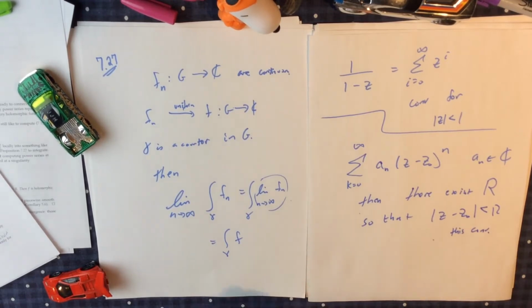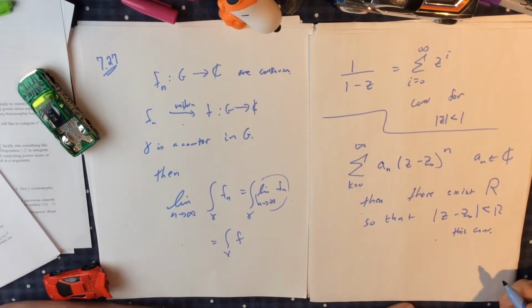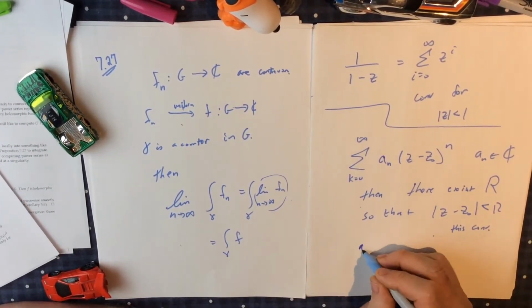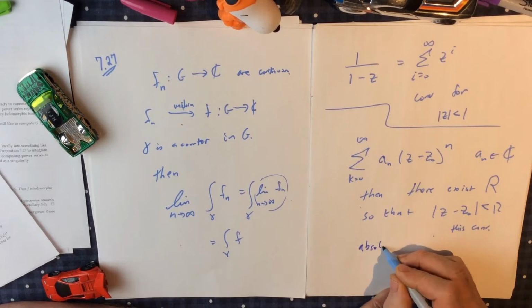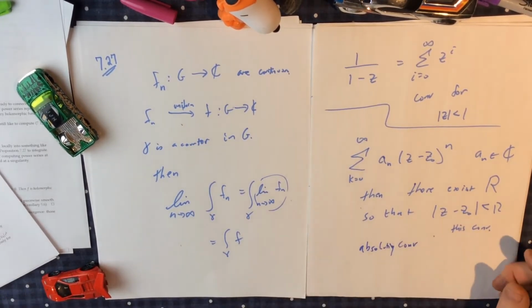And so now, not only does this converge on some radius, it absolutely converges, which means we can throw in absolute values. And it gets better than this.